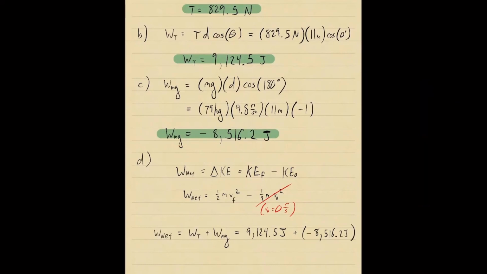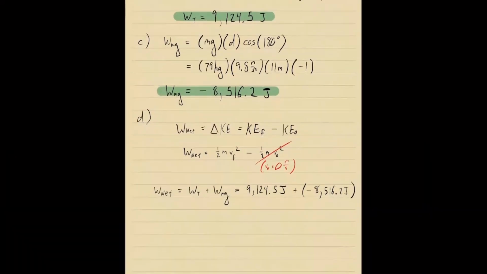So the net work done in moving this person a distance of 11 meters upwards is going to be 608.3 joules worth of net work. In this case, that's going to be the left-hand side.